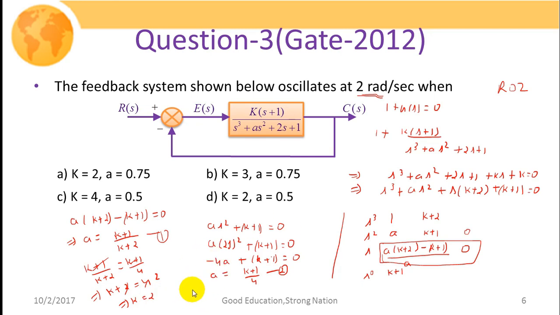Now again putting the value of k in equation number 1, we have a is equal to (2 plus 1) by (2 plus 2), that is 3 by 4, which is equal to 0.75. So option A matches, hence option A is correct.